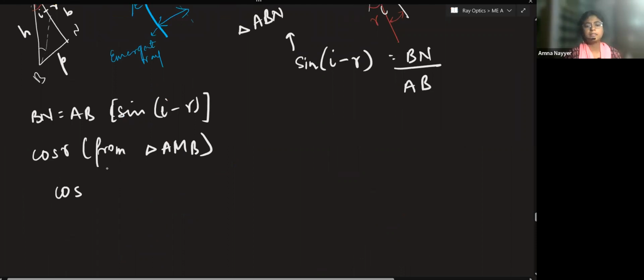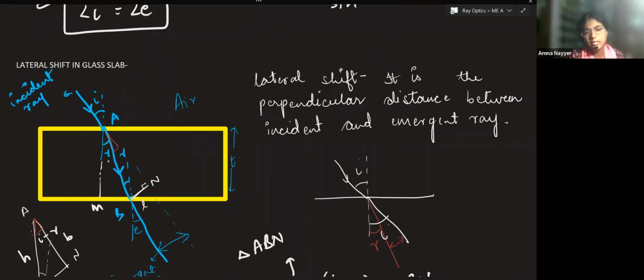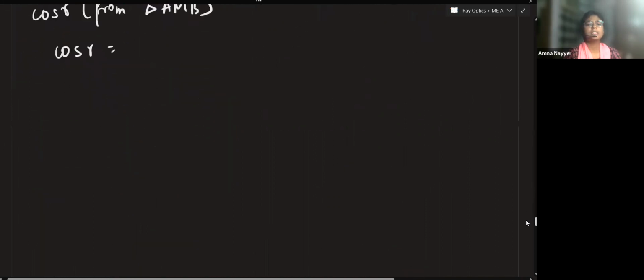So what is your cos R equal to? Cos theta, cos R here. So this is perpendicular, this is the base, this is the hypotenuse. So it becomes base by hypotenuse, so it will be AM divided by AB. Perpendicular is not there, base and hypotenuse are there. So cos R becomes equal to AM divided by AB.